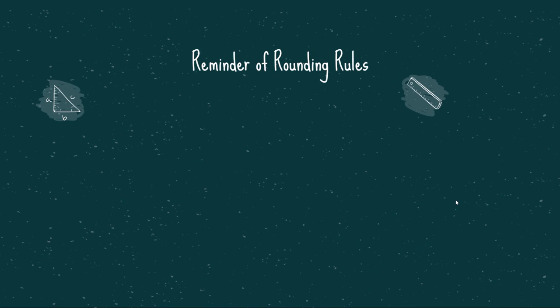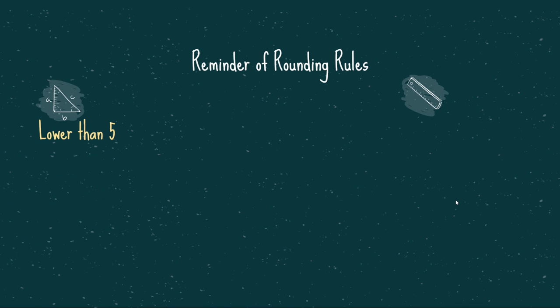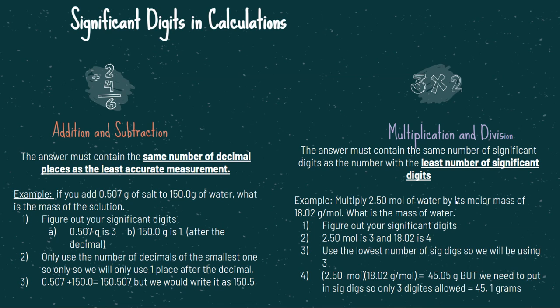The last couple things I want to talk about are rounding and the rule, and there's one exception to the rule. When we did the last couple examples, I was saying double check to see if you are rounding properly. I just wanted to give you guys a quick reminder of what the rounding rules are. If you have a number lower than 5, let's go back to my first example where my number ended up being 150.507.